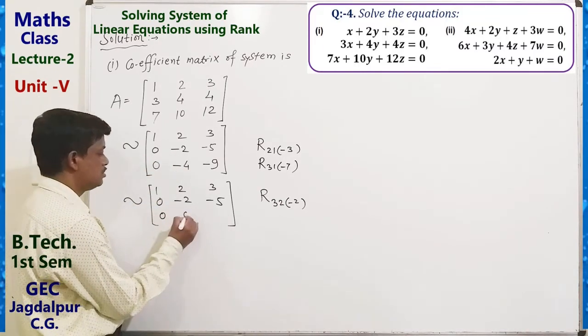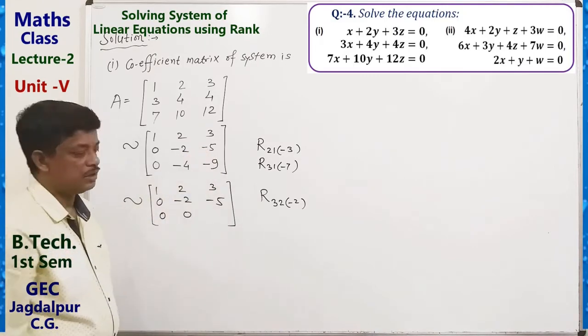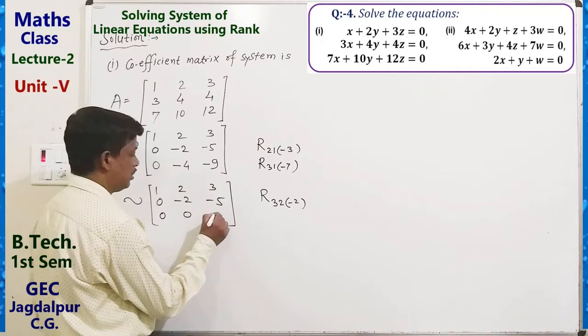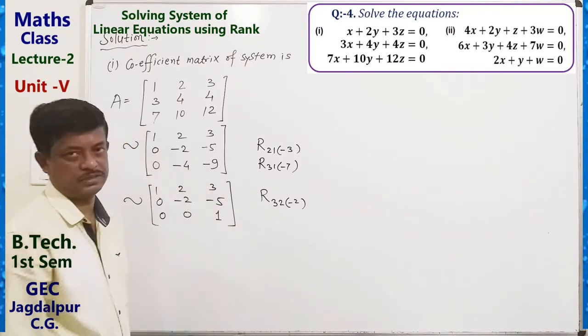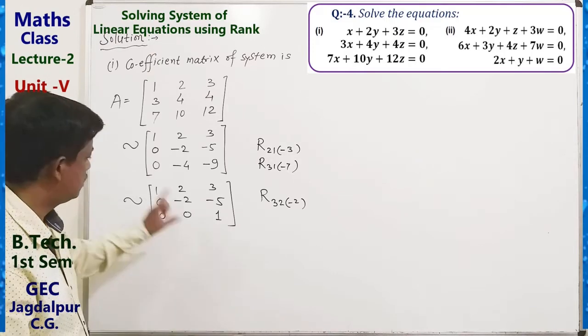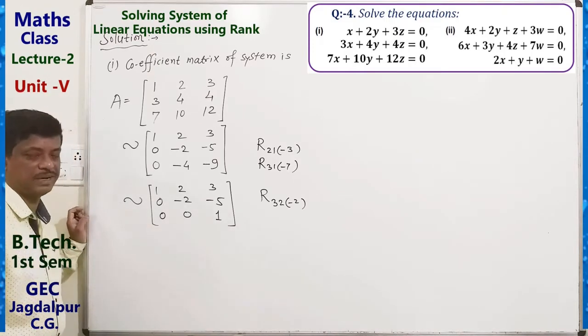So 0, 0, and here plus 10 is added, giving 1. Now this 1 cannot be converted to 0, so this is the upper triangular matrix.